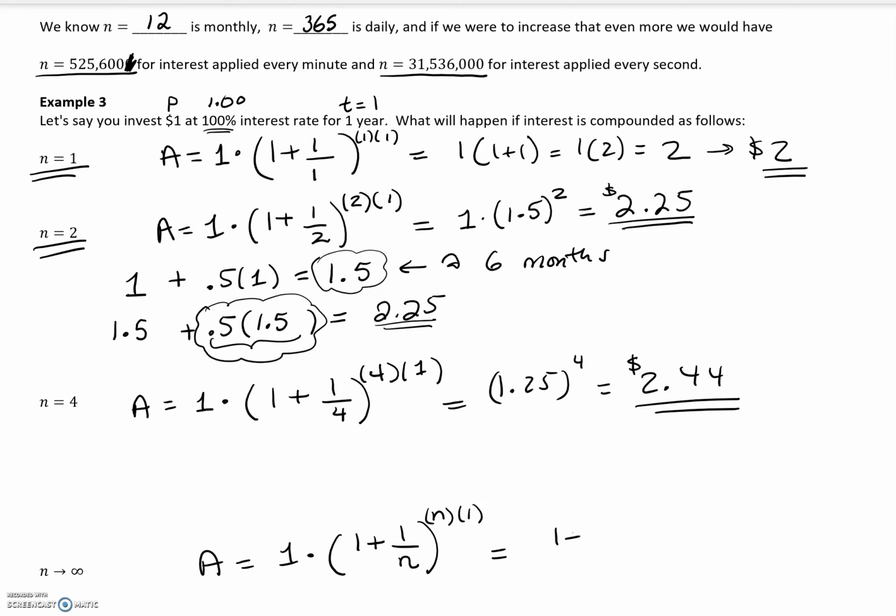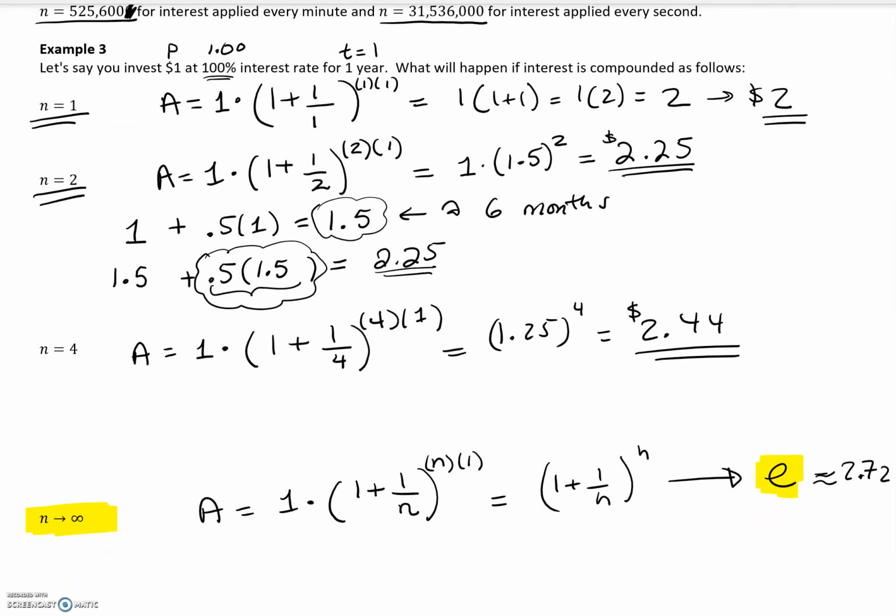Notice that's just going to give me that expression that we looked at the very beginning of the lesson. And so if n goes to infinity, using our calculator, we showed that this goes to e, which we said is approximately 2.72.